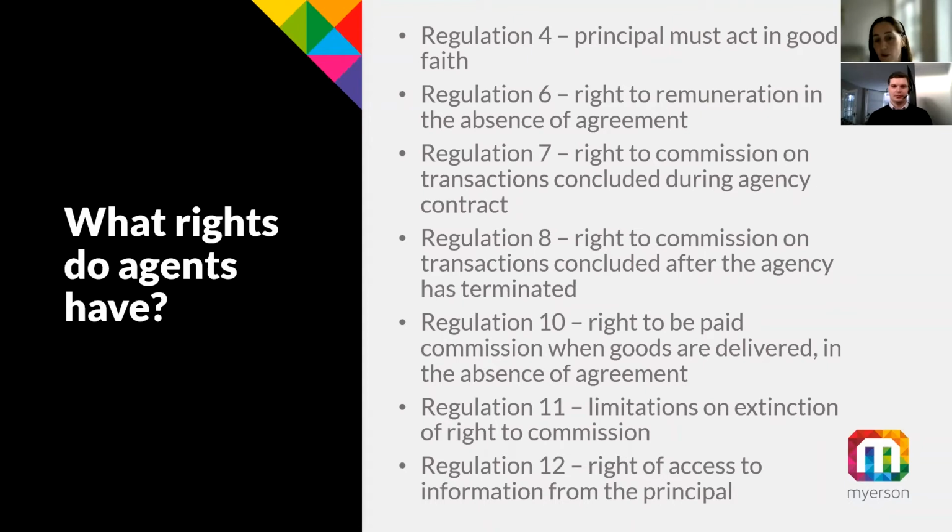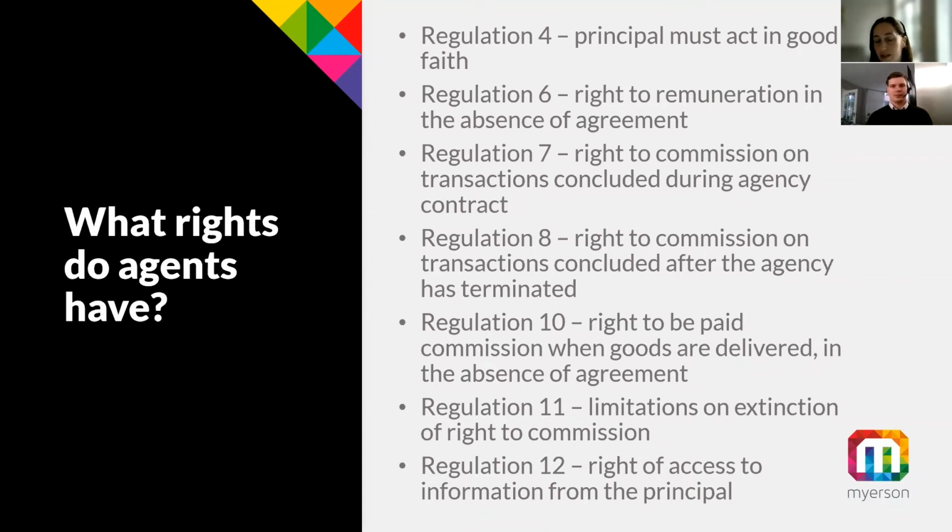If an order is not fulfilled due to the fault of the principal, which can happen regularly, then the agent will still remain entitled to be paid commission. It's only where an order is not fulfilled and that isn't due to the fault of the principal where the entitlement to commission will fall away.